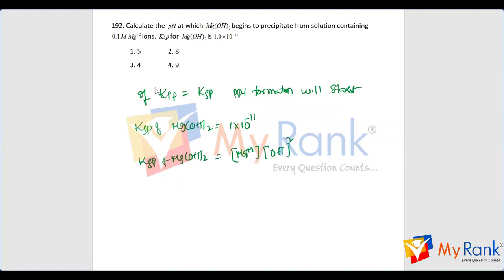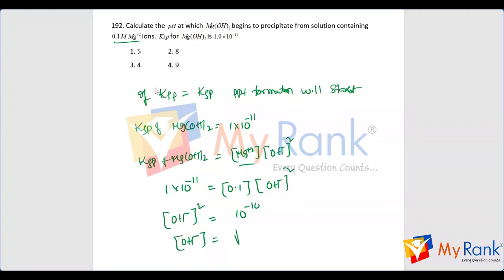Now, the magnesium +2 concentration is given as 0.1. So 1 into 10 power minus 11 is equal to 0.1 into OH minus whole square. Then OH minus whole square is equal to 10 power minus 10, and OH minus concentration is the square root of 10 power minus 10, which is 10 power minus 5.